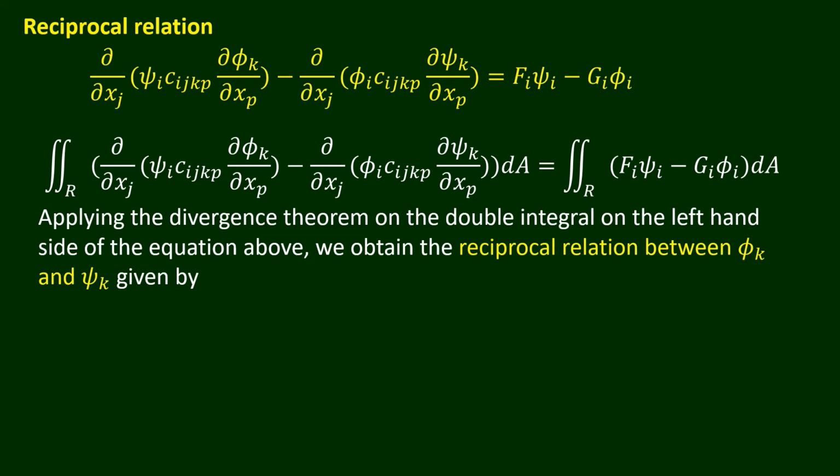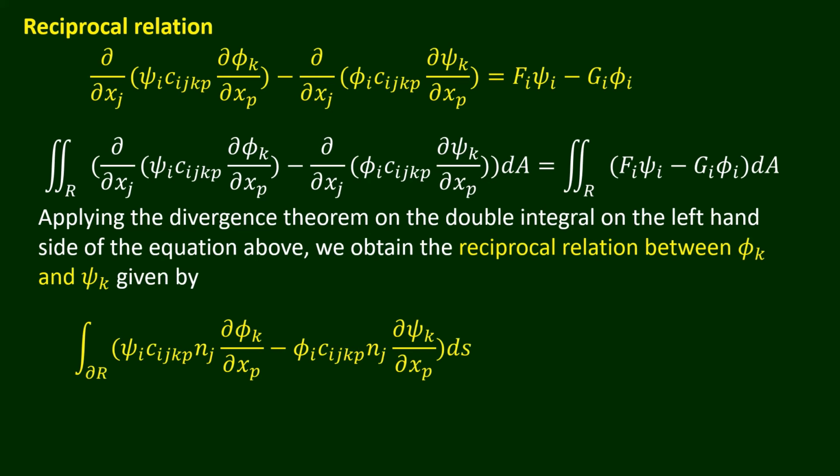Applying the divergence theorem on the double integral on the left-hand side, we obtain the reciprocal relation between phi k and psi k, given by line integral over del R, psi i C ijkp nj del phi k over del xp, minus phi i C ijkp nj del psi k over del xp, ds equals double integral over R, fi psi i minus gi phi i, dA.